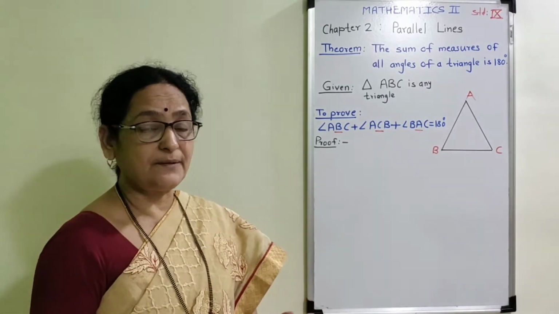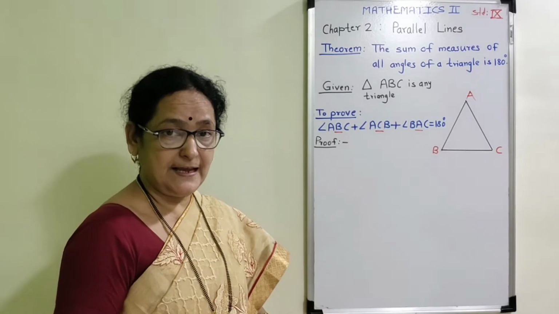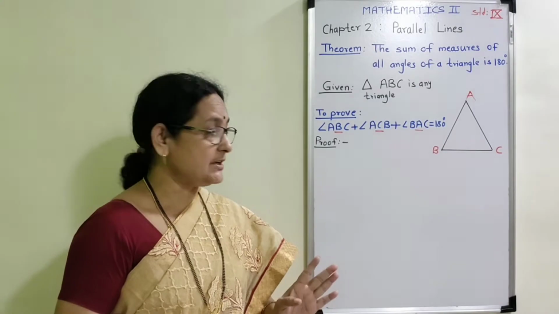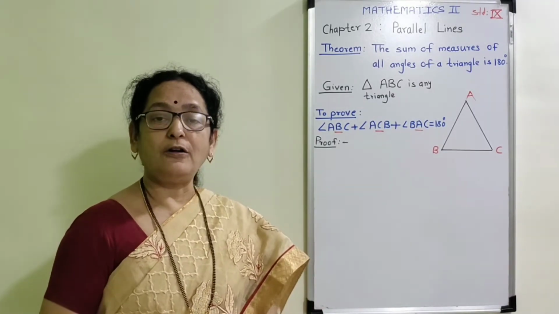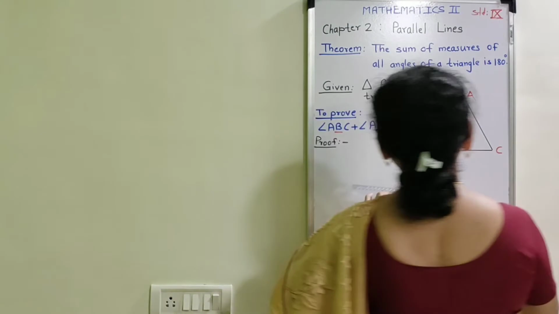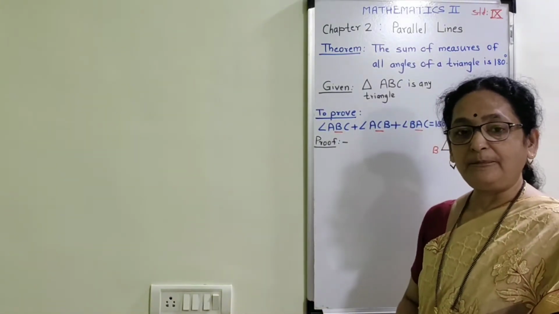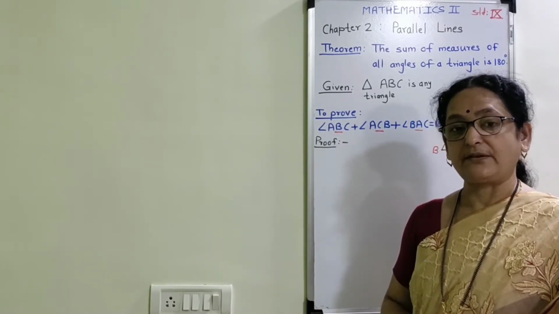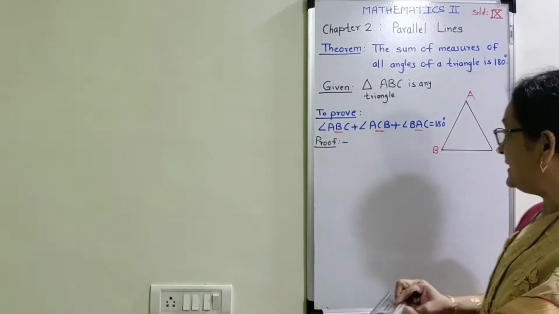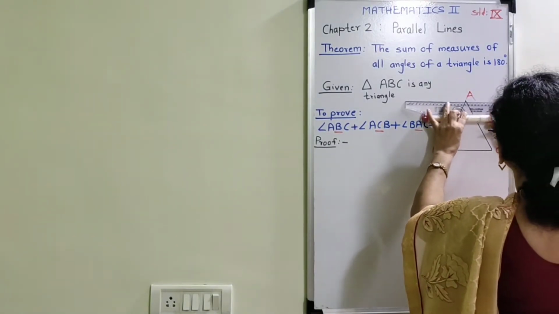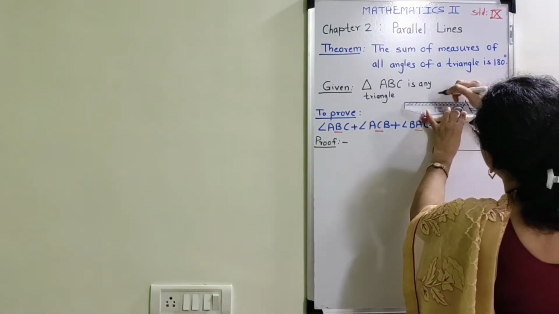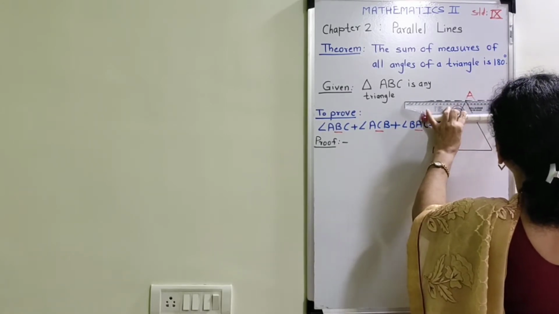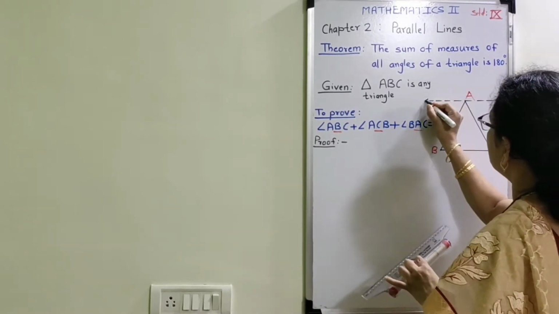What is that construction? Use the vertex A and draw a line passing through that vertex A, which is parallel to side BC or line BC. Now I am going to complete that, and students, please remember that when you are going to do the construction, always do the construction with dotted lines. That's why I am going to draw the dotted line passing through this vertex A, which is parallel to line BC. Now this is my construction.